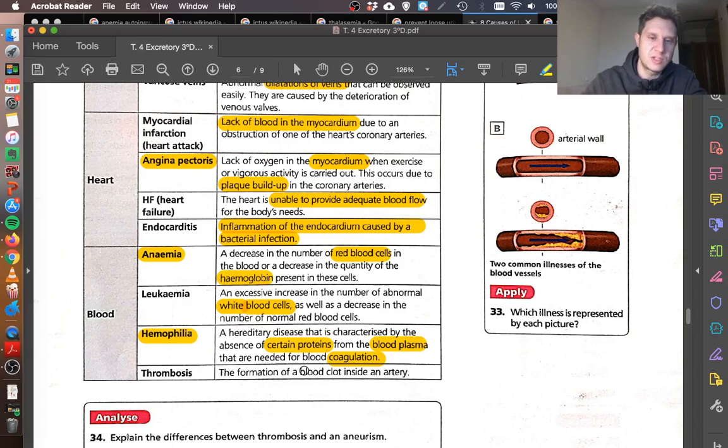Thrombosis is the formation of blood clot. Cuando se forma un coágulo, ¿vale? Inside of an artery. Yes, it can be in a leg, for example. So the oxygen doesn't arrive to the muscle or the leg.